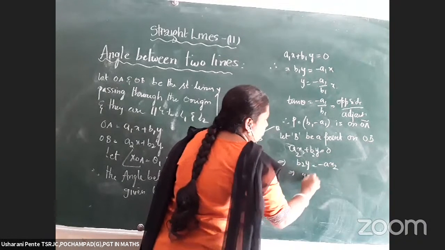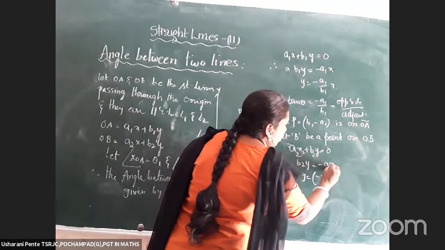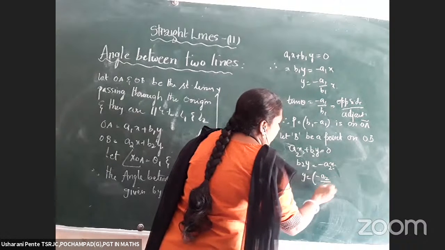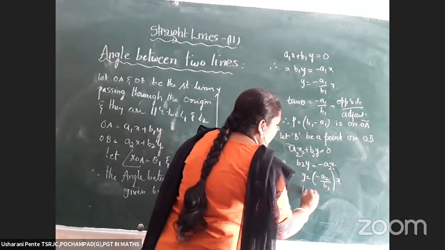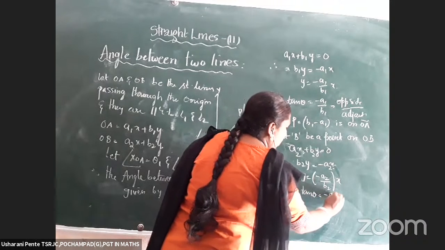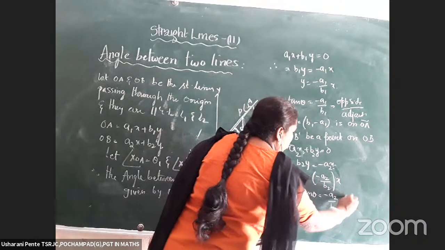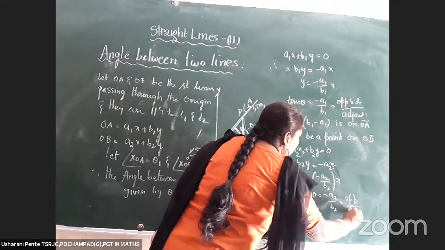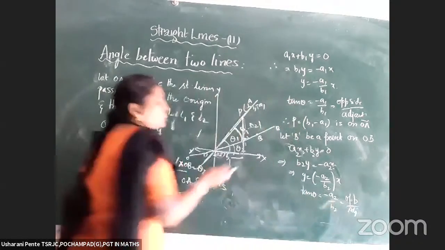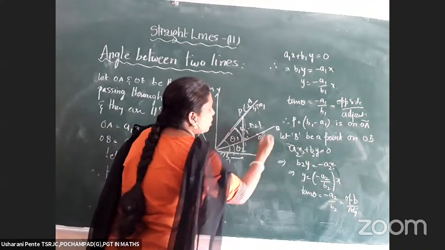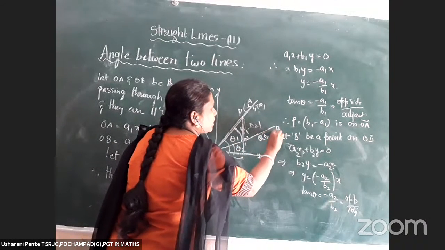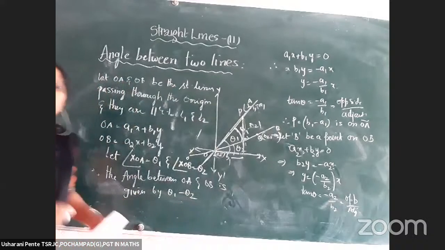This implies y is equal to minus A2 by B2 x. That is tan theta is equal to minus A2 by B2, which is opposite by adjacent side. So the point Q will be B2 comma minus A2.